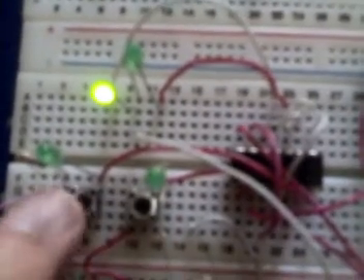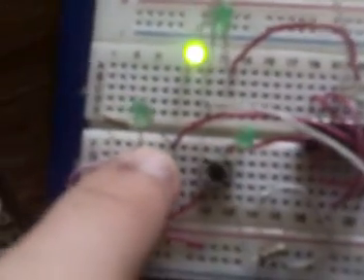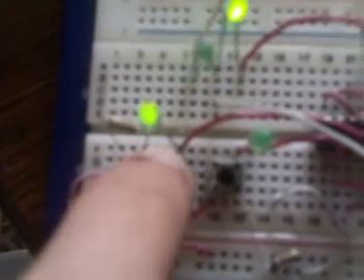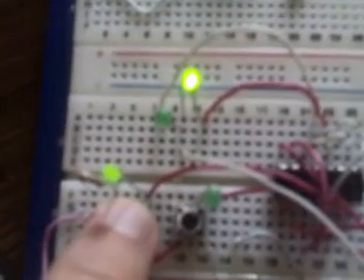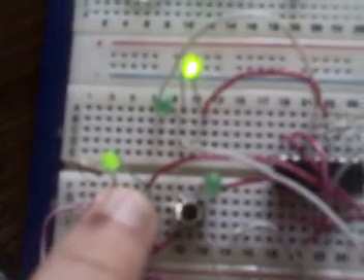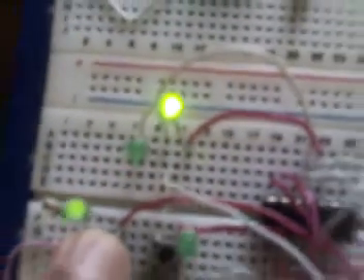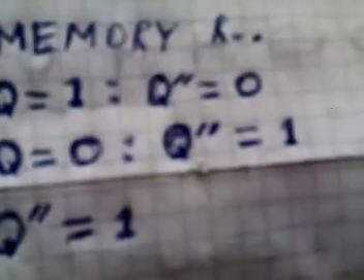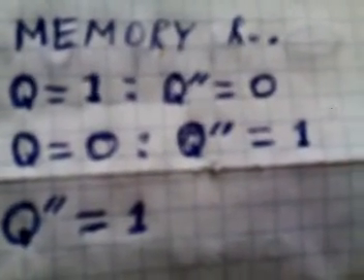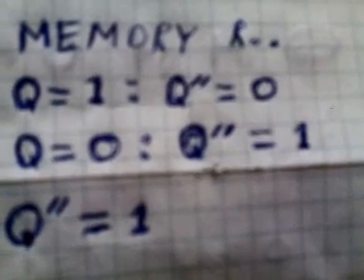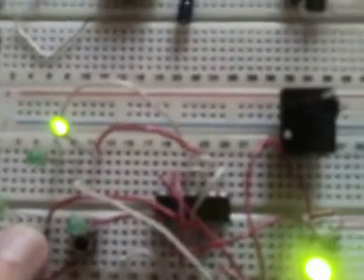Then let's change switch R. When we give high voltage to input R, our outputs change. We have non-inverting output 0, and in inverting output we have 1.